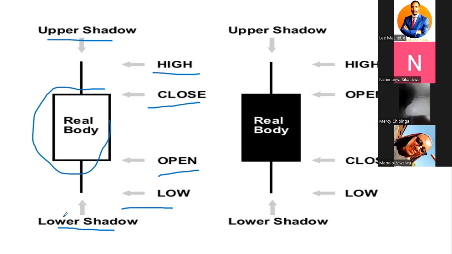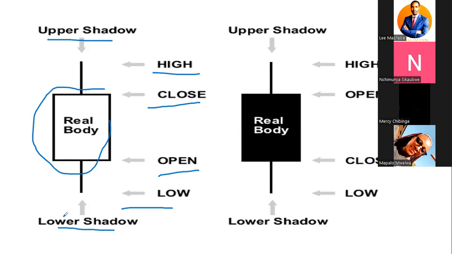Green is the representation of buyers. When you see a white candle, it is a representation of buyers. The black candle is a representation of sellers. So a black candle is just the same as the red candle, and a white candle is just the same as the green candle. White, green, buyers. Black and red, sellers. Let me repeat.